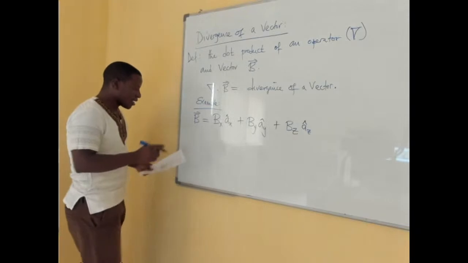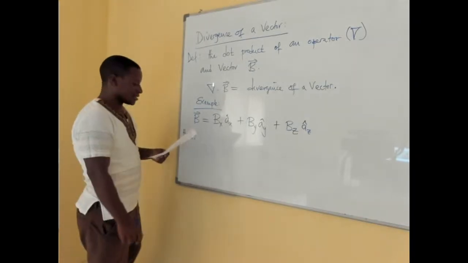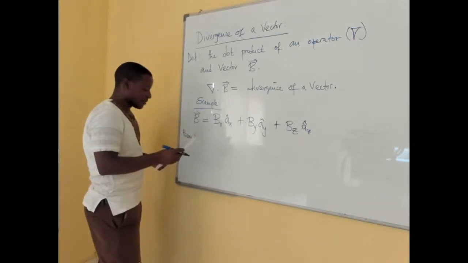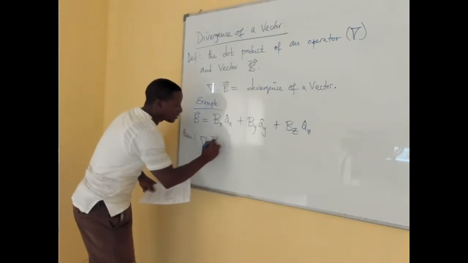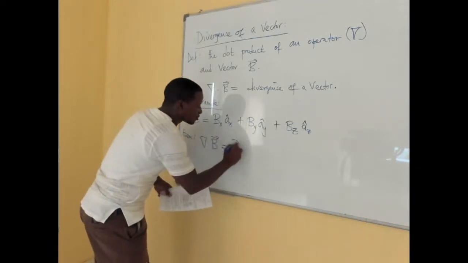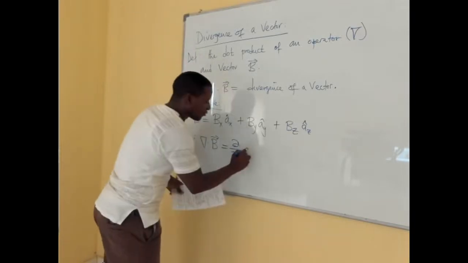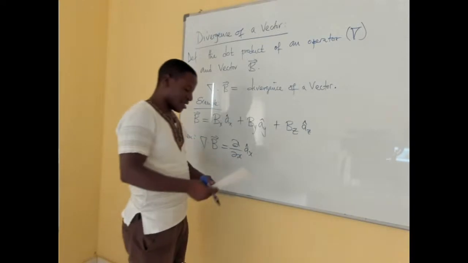Now, this means then what we have is that the dot product, which is the divergence of the vector B, must be defined as del dot B, must be equal to the partial derivative with respect to x, multiplied by the unit vector Ax.